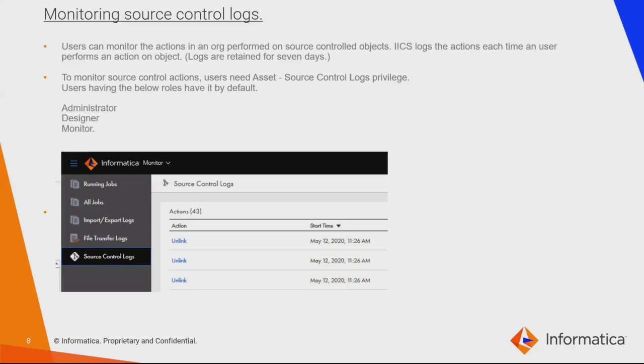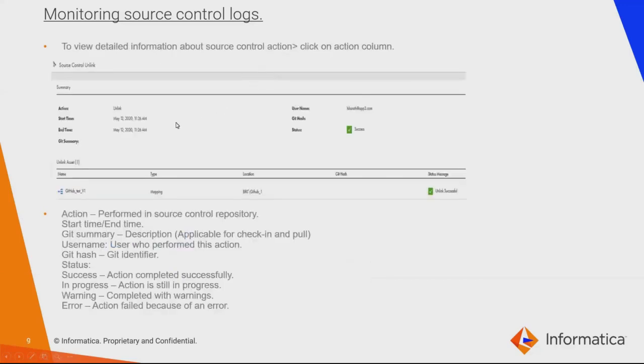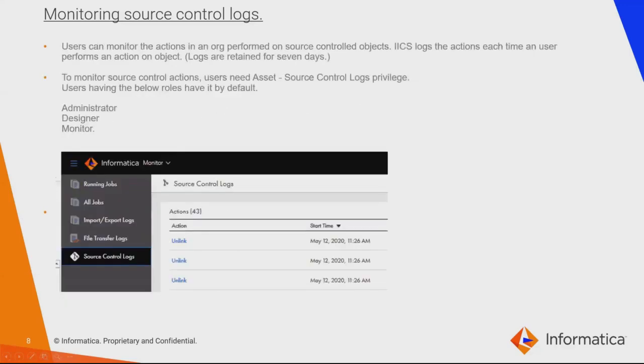Okay, so who can view the source control log? To view the source control log, there is a particular privilege that a user must have in order to view this particular option. The source control log is the privilege that should be available with the user in order to view the source control log.